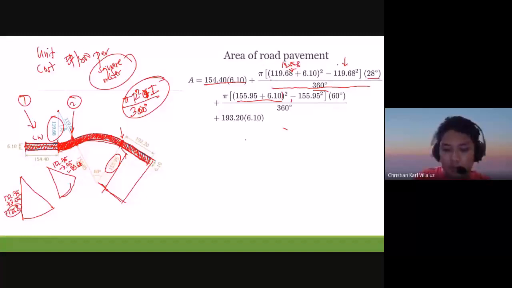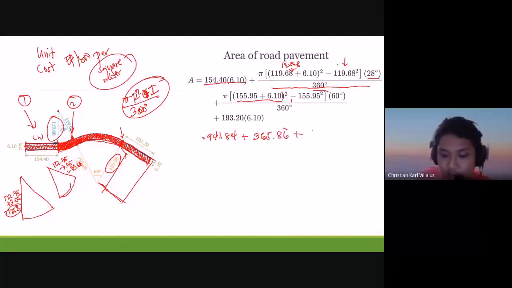So, let us multiply. 154.4 times 6.1 is 941.84, plus the first curve area, 365.86.